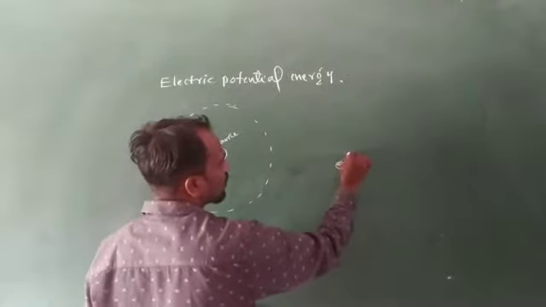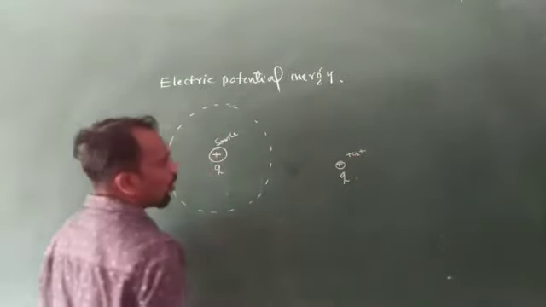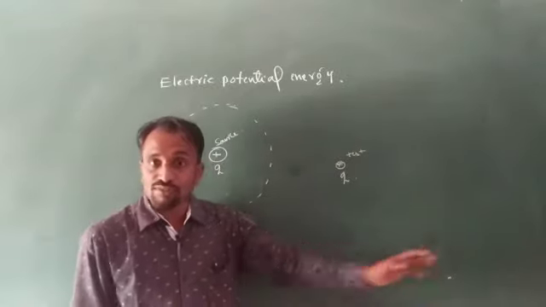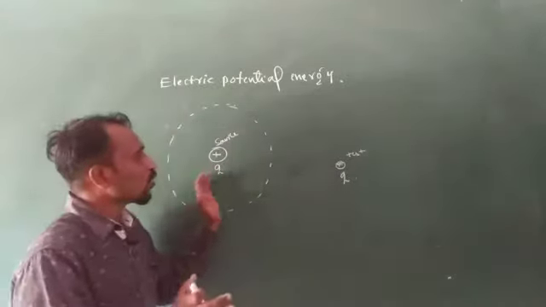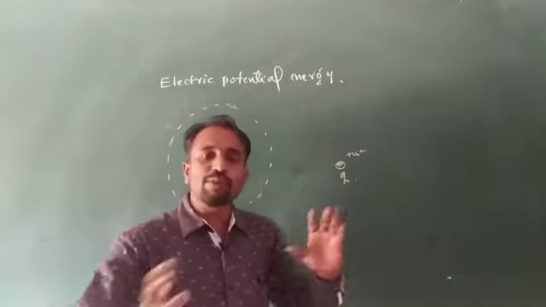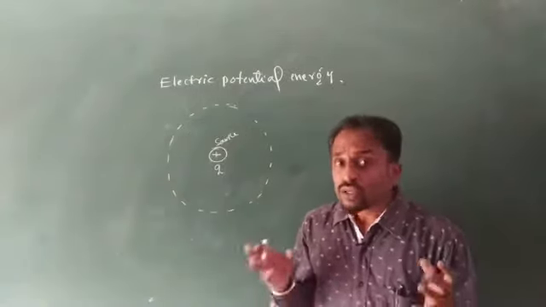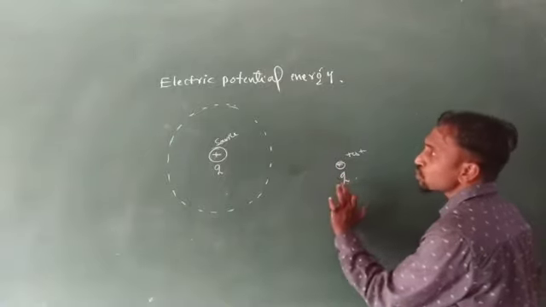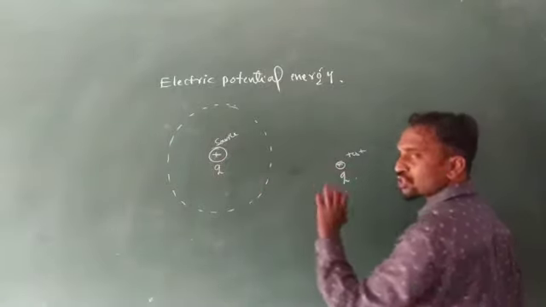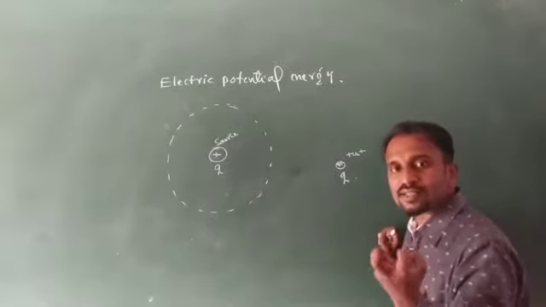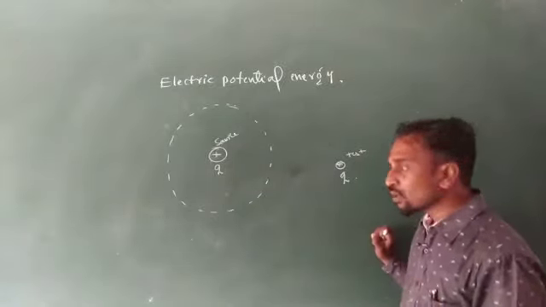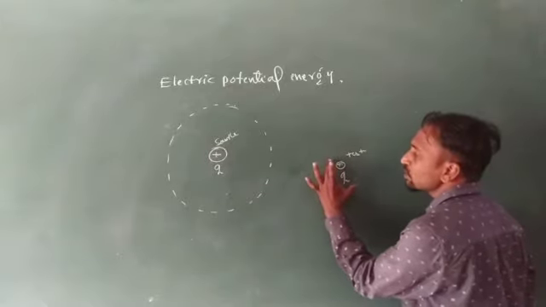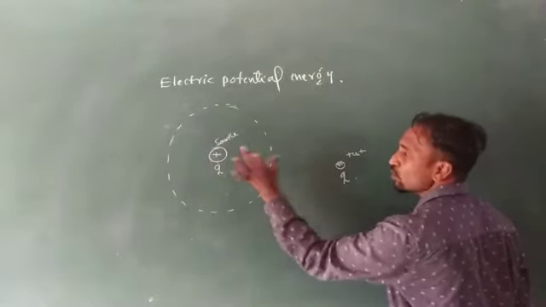This test charge is present at infinite distance. We don't know the distance between the source charge and the test charge; there is a large distance in between. So we want to bring this test charge towards the source charge, which requires some work. If you provide some work to this test charge, then it moves towards the source charge.